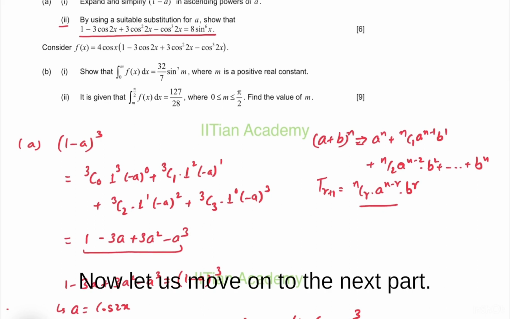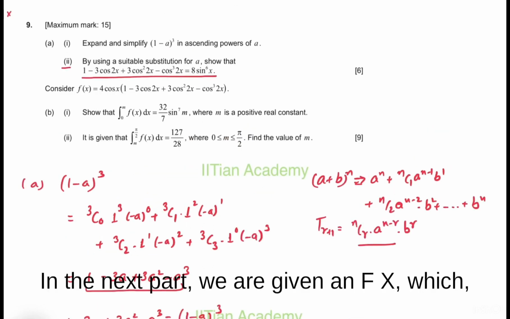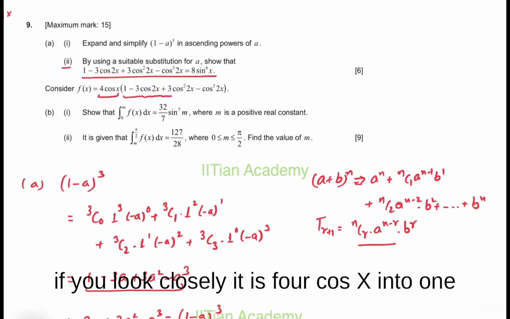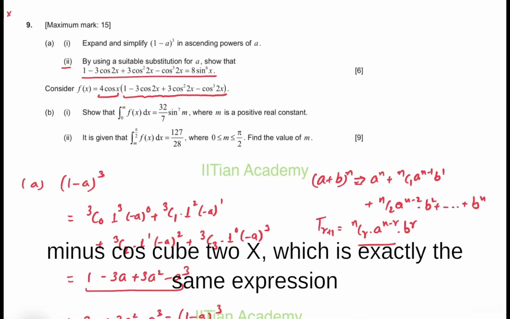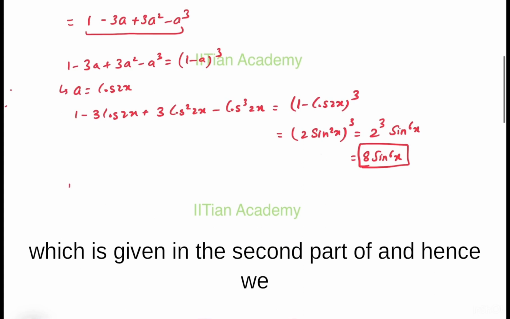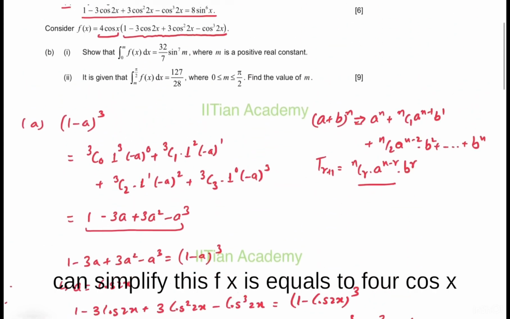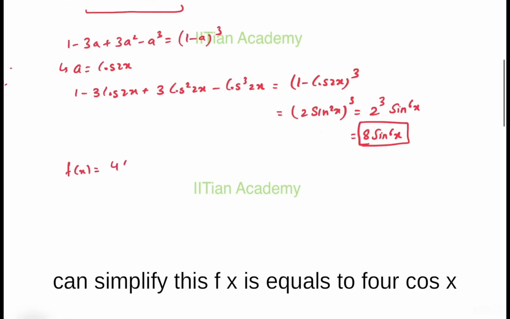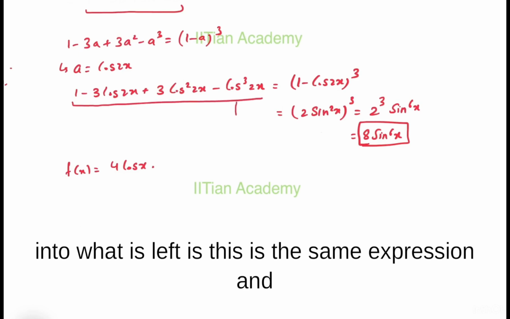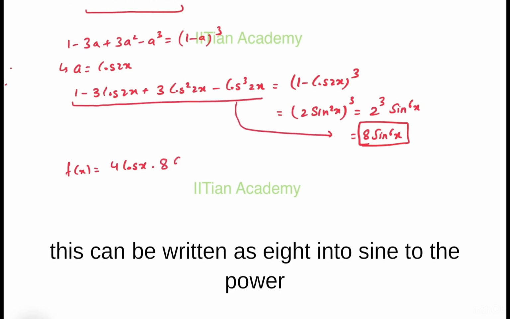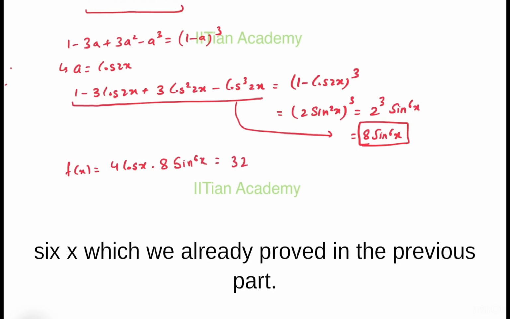Now let us move on to the next part. We are given f(x), which, if you look closely, is 4 cos x into (1 - 3cos2x + 3cos^2(2x) - cos^3(2x)), exactly the same expression given in the second part of A. Hence we can simplify f(x) as 4 cos x into this expression, which can be written as 8 sin^6 x, as we already proved in the previous part.